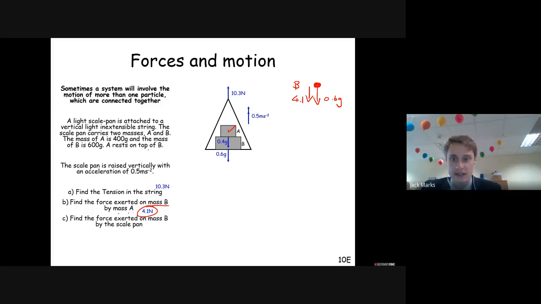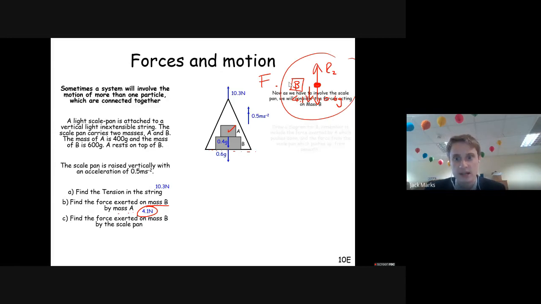Well, how is the thing not falling through the floor then? That's because the scale pan, the lift, in other words, I'm going to call it R2. There's some reaction force there that's keeping that one up. So same again, you're going to find your resultant force from this one here and set it equal to ma. That's the mass of B, and the acceleration is the same again.